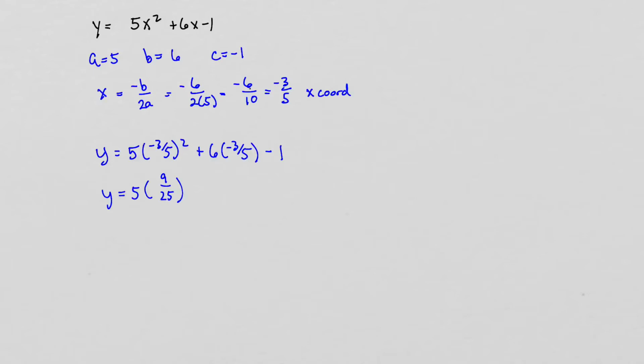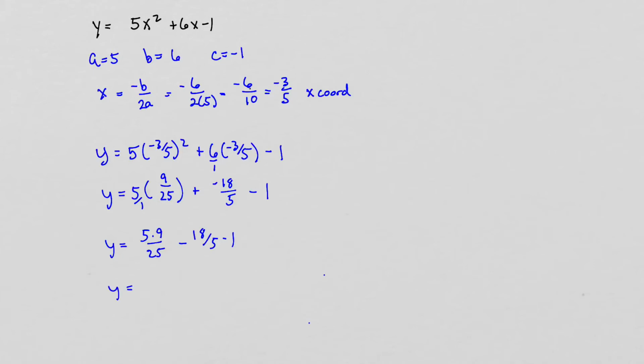So the x squared always comes out positive. The next term, this is a 6 over 1. So you have 6 times negative 3, that's negative 18. 1 times 5 is 5. So this 5 times 9 over 25, that's a 5 over a 1. So it's 5 times 9 in the numerator, 25 in the denominator. That 5 can divide into the 25 in the denominator.